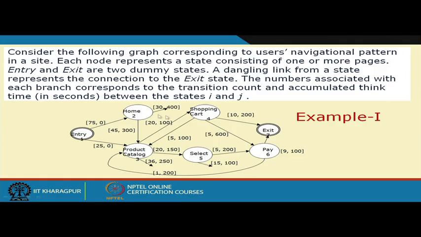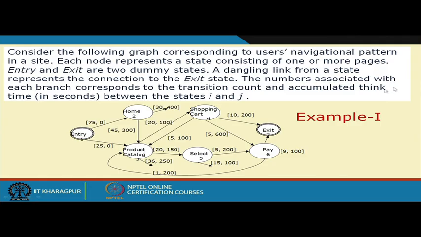So, just to increase the readability, these are left free, but please assume that these links which are not connected to any state are actually connected to the exit state, which means the user can go out of this state.